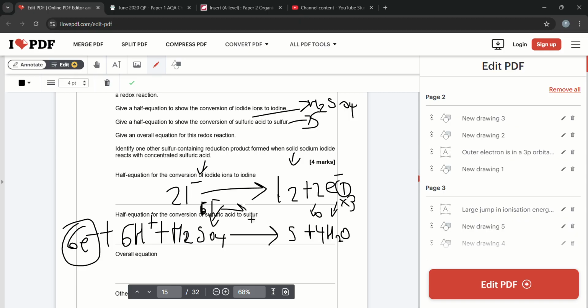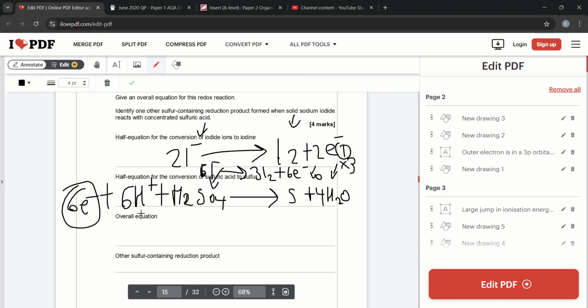So if we times this whole equation by 3, 6I minus arrow 3I2 plus 6e minus, then add them together, we've got 6I minus plus 6H plus plus H2SO4 arrow 3I2 plus S plus 4H2O, and the 6 negatively charged electrons cancel out.